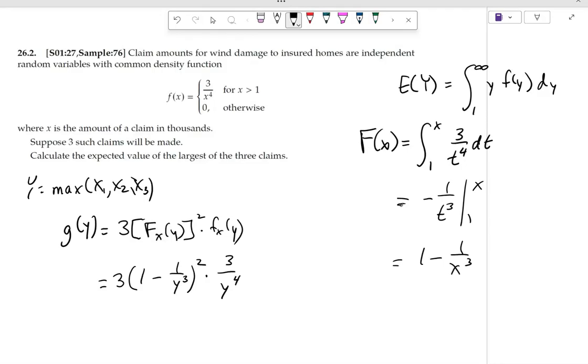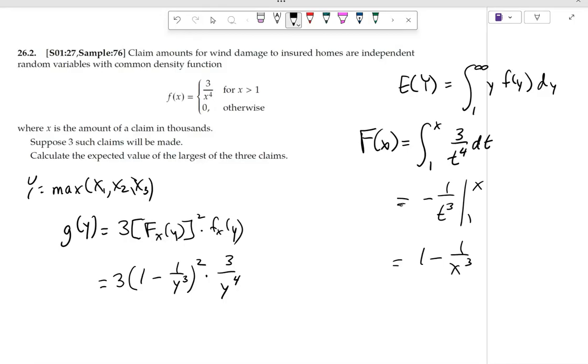And then times 3 over y to the 4th. So again, n times CDF to the n minus 1, that's what we have here, and then times PDF. That okay?